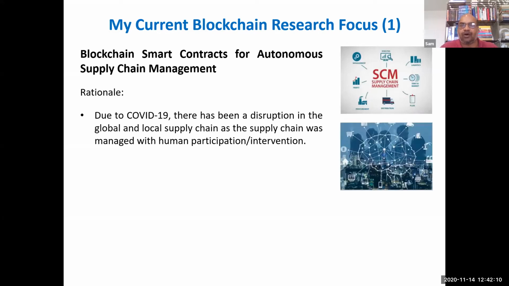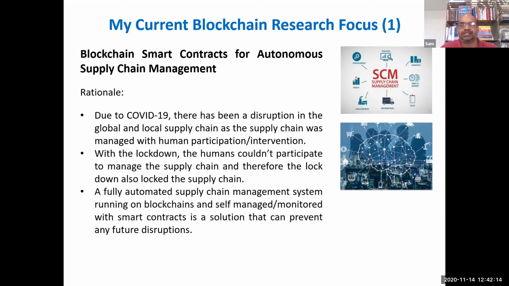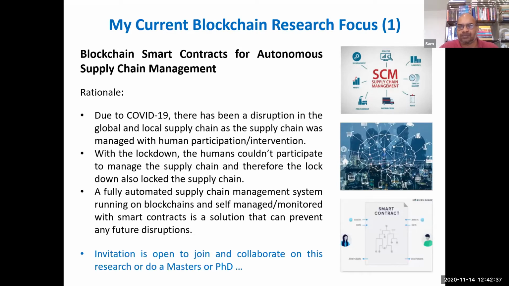So if it is on a blockchain network and if it is autonomous, a fully automated supply chain management system running on blockchains, self-managed and monitored with smart contracts, is a solution that can prevent any future disruptions. So that is something that our research can focus on and we can talk about.